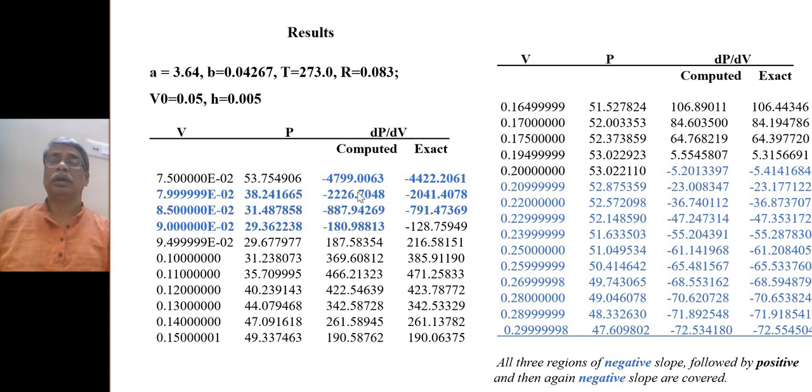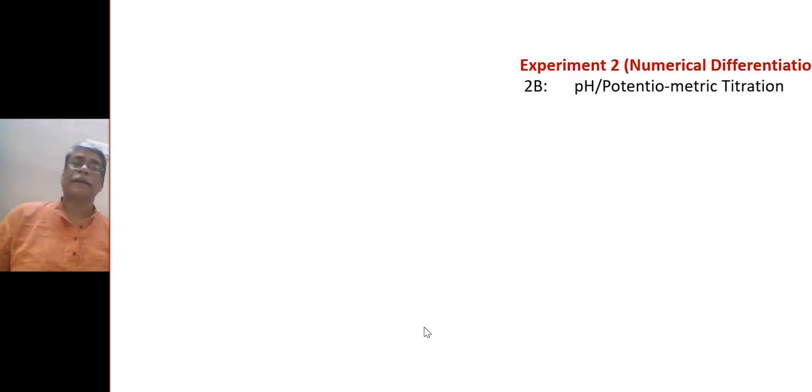Here the blue color, the first one, is also negative slope, and then the black ones are all positive, and then again in the later part we are getting negative slope. That means the first derivative dp/dv. So that is the first derivative, and these are the dp/dv exact. As I mentioned, all three regions, negative slope followed by a positive slope and then again negative slope, are covered. So that's all about our first experiment 2A.